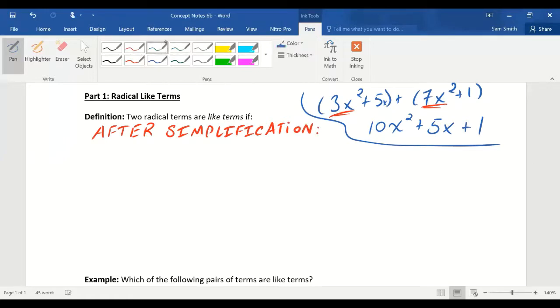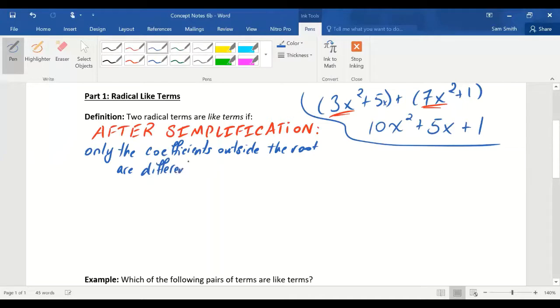Now, after simplification, to decide if two radical terms should be like terms, they're only allowed to be different in one position. After simplification, only the coefficients on the outside of the root are allowed to be different.